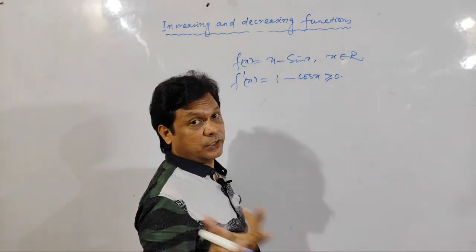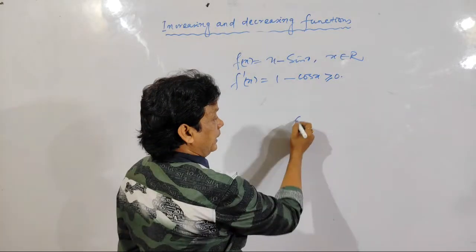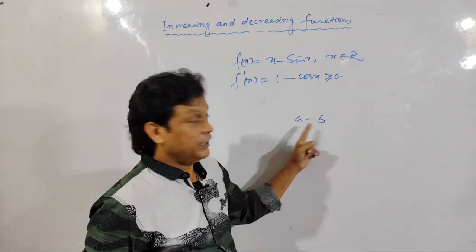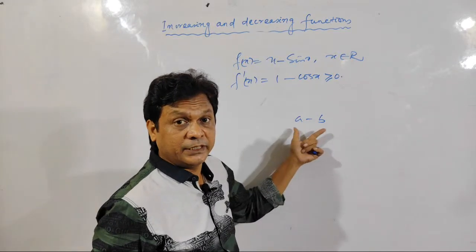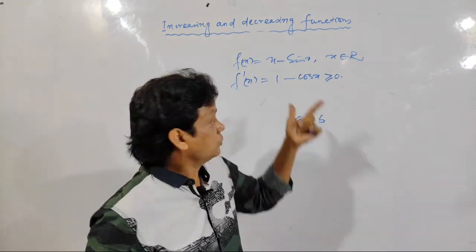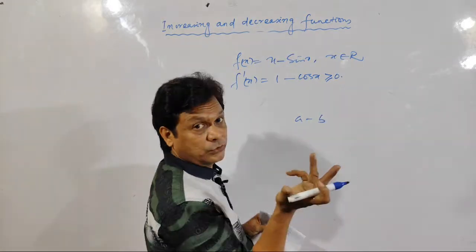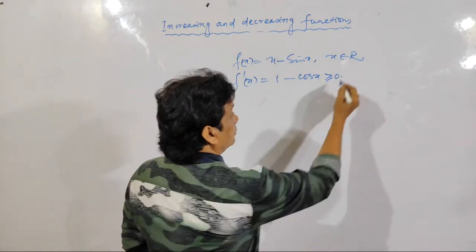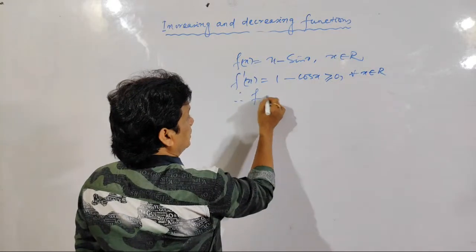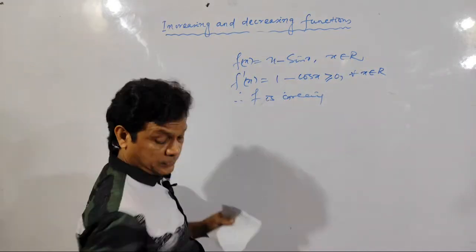Either equal to 0 or greater than 0. It cannot be negative. A minus B will be negative if B is greater than A. Cos x cannot be greater than 1. So this quantity cannot be negative, which means either greater than 0 or equal to 0. Clear? So here you can write for all x belongs to R, therefore f is increasing. Clear?